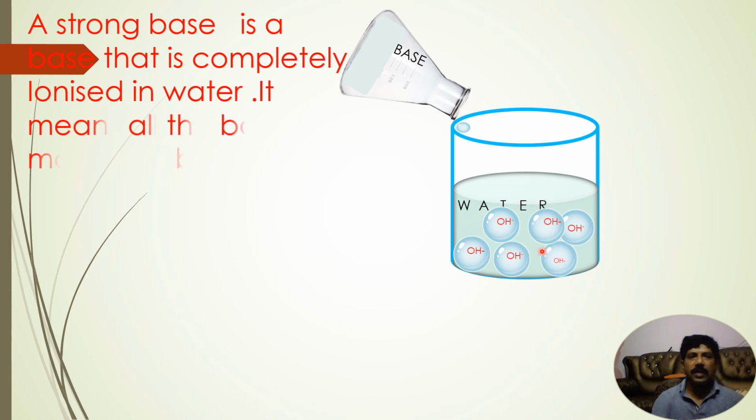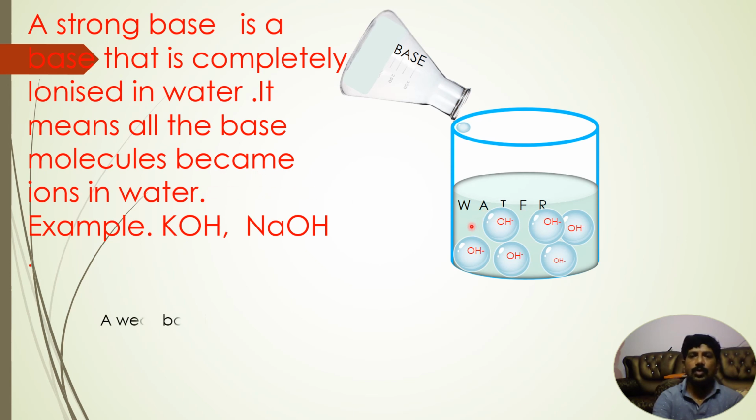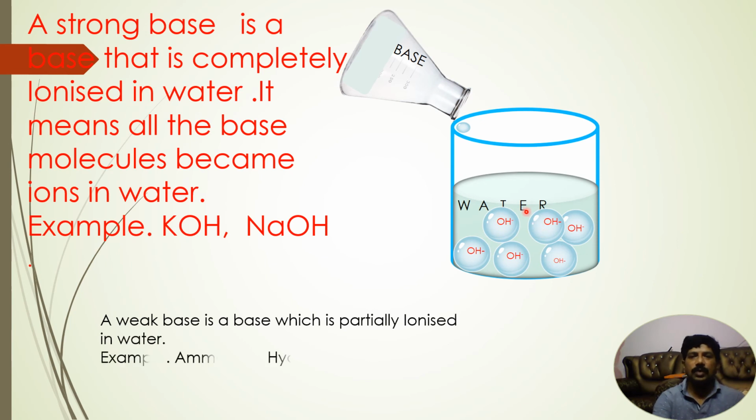What is a strong base? A strong base is a base that is completely ionized in water. It means all the base molecules became ions in water. They give more and more OH minus ions. So a base which gives more and more OH minus ions in their aqueous solutions is considered as a strong base, which is completely ionized.